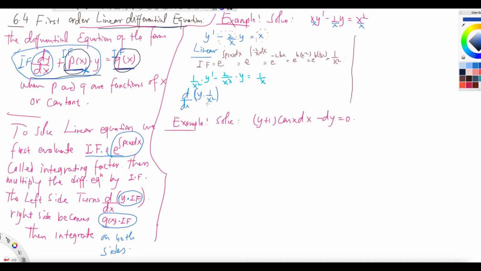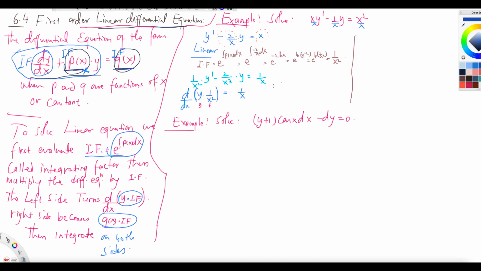If you use the product rule, you will get exactly the left side of that. So I am able to write the whole left hand side as the derivative of y times the integrating factor, and this is always true. And in the right side you have 1 over x only.